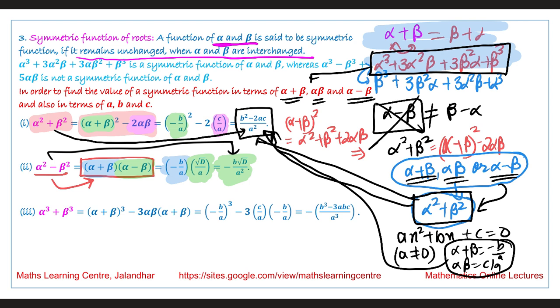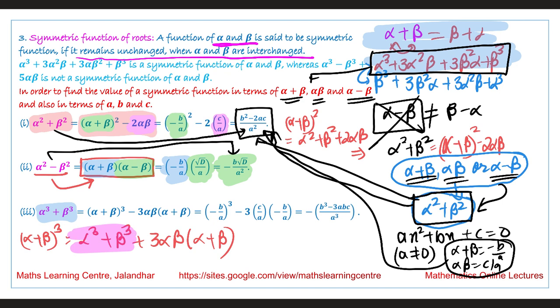Similarly, if we have to calculate the value of alpha cube plus beta cube, we can write it using the formula. We are saying that alpha plus beta whole cube is equal to alpha cube plus beta cube plus 3 alpha beta into alpha plus beta. From this equation we calculate the value of alpha cube plus beta cube.